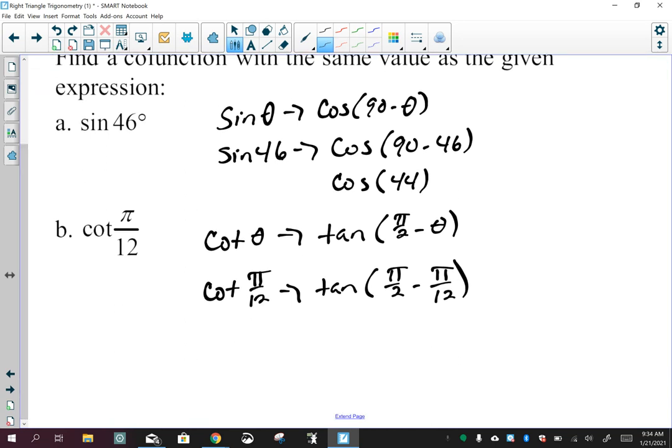That's really tangent of 6 pi over 12 minus pi over 12, which gives me tangent of 5 pi over 12.